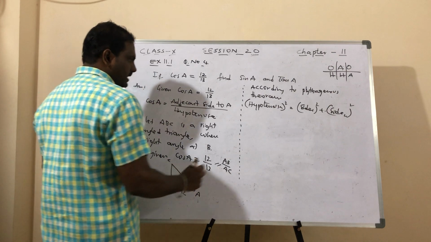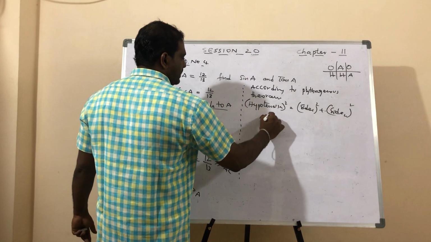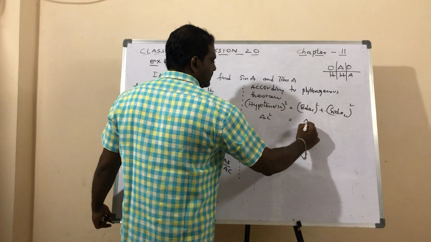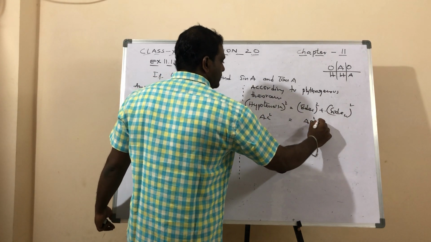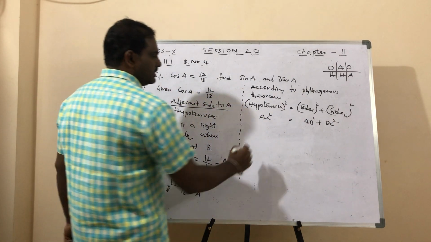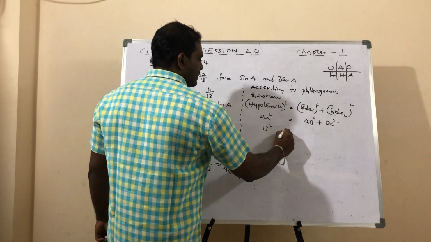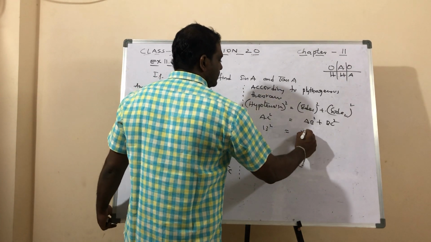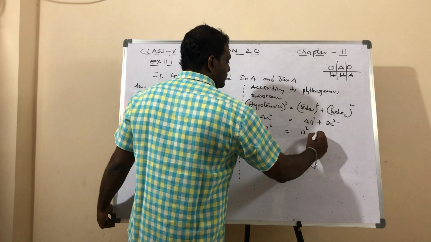What is hypotenuse square? AC square is equal to AB square plus BC square. What is AC? 13. So 13 square is equal to AB, 12 square, plus BC square.